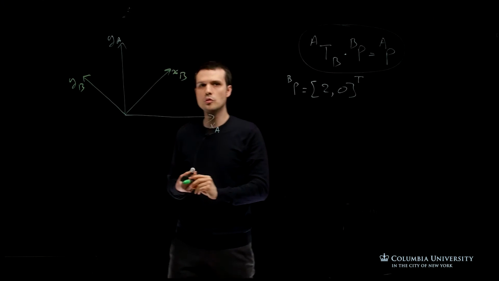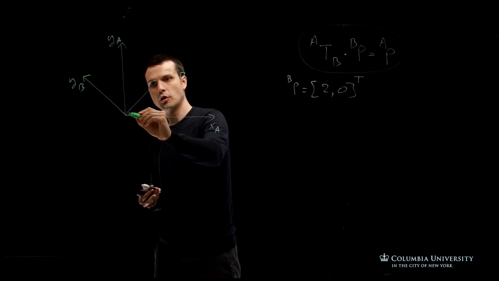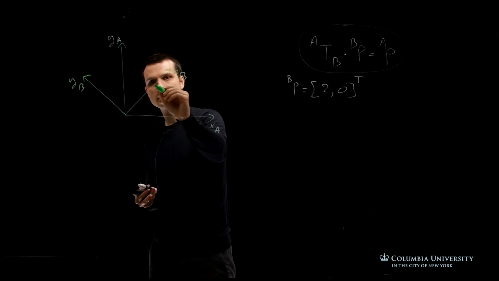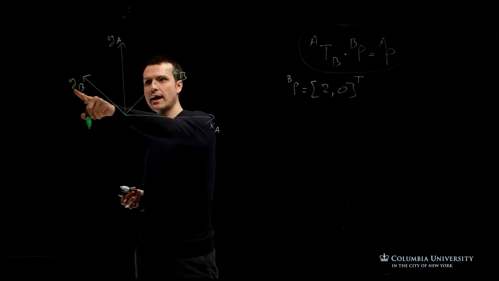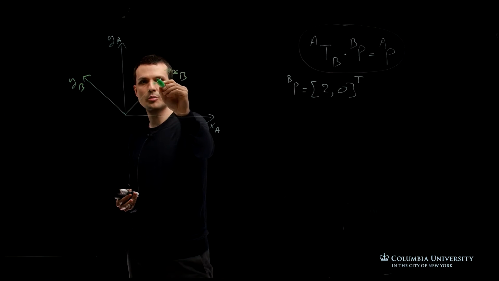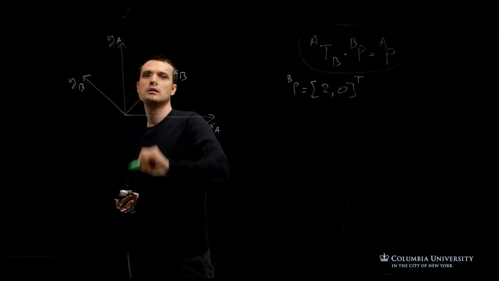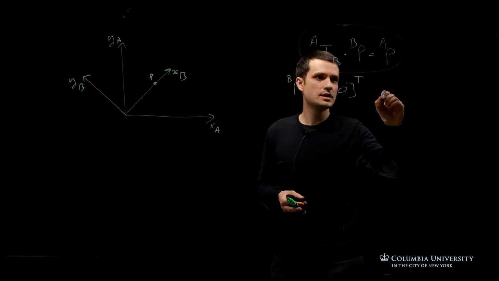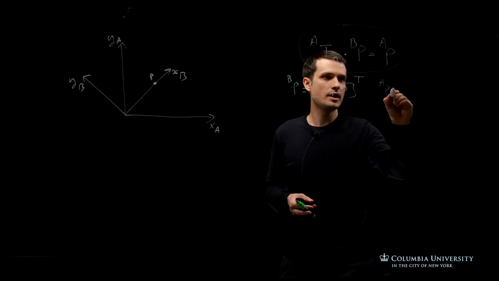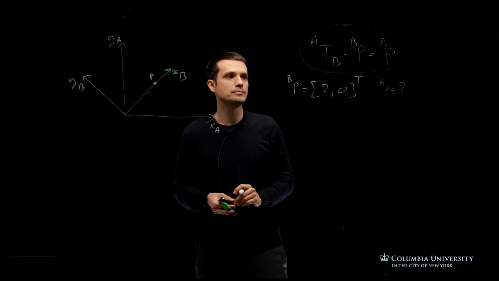Okay, so we move by 2 units along the x-axis of B, let's say this gets us to here, and 0 along the y-axis of B. So this is our point P in coordinate frame B. What is that same point but expressed in coordinate frame A?